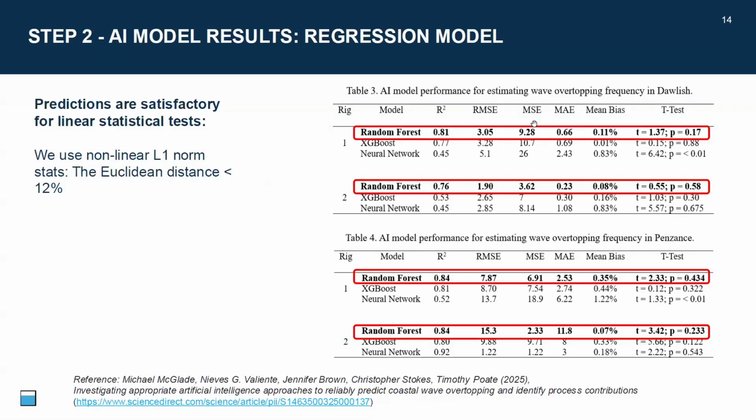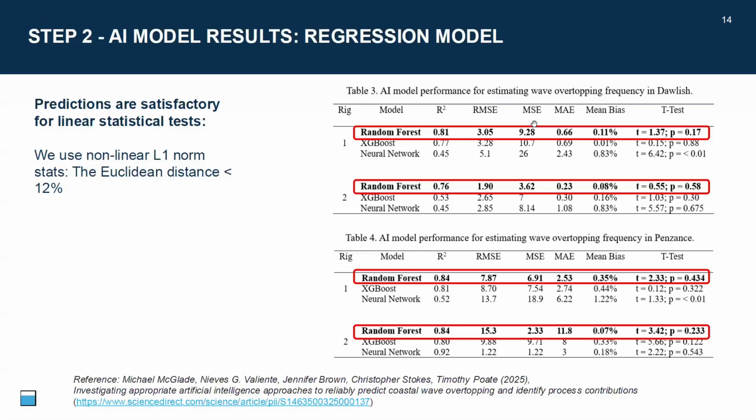For the next one, these are the results for the regression models to estimate wave overtopping frequency in Dawlish and Penzance too. As you could see, random forest also has a good R squared metric, which is close to 1, right? It measures how good our model is at predicting overtopping frequency.